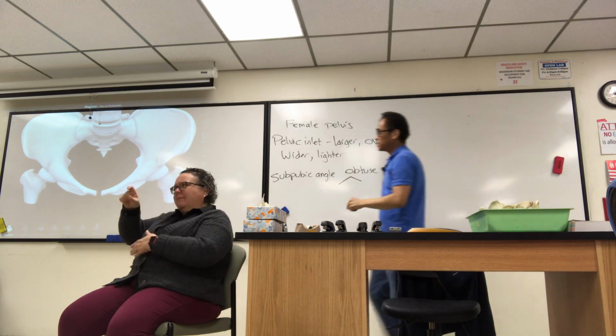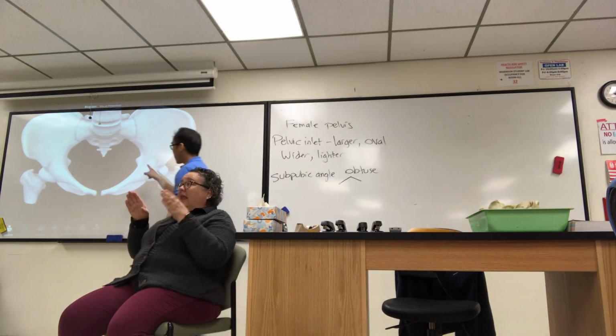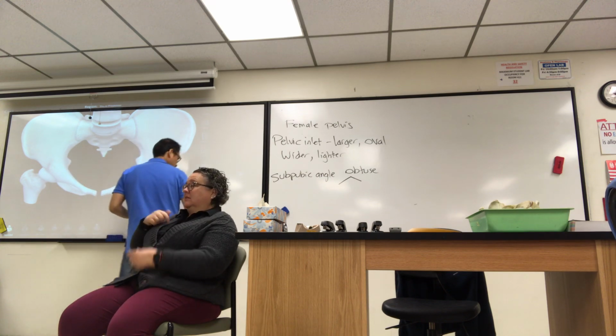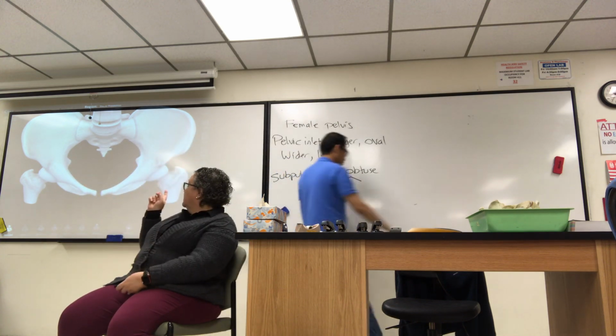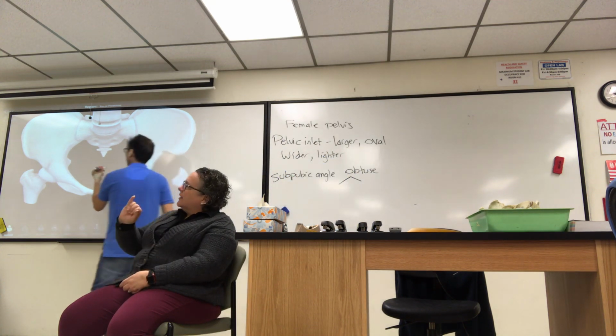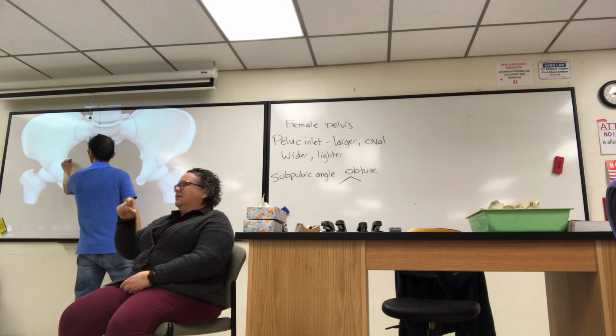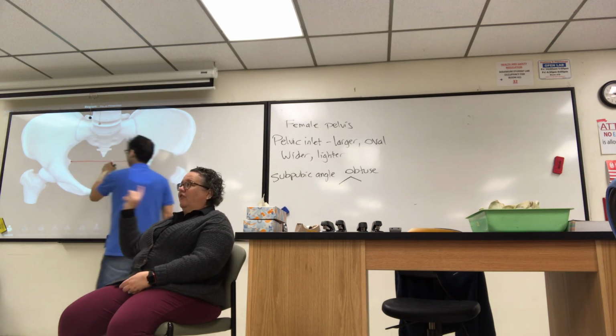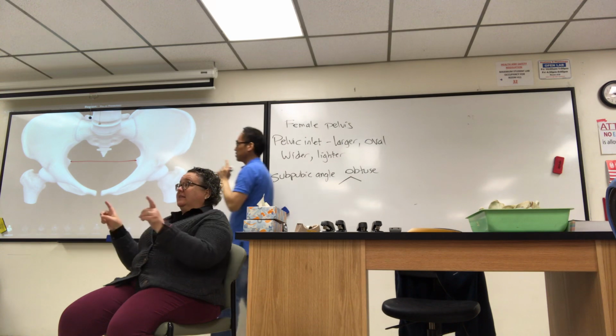The narrowest distance from side to side is from this spine to this spine. Those are called the ischial spines. From there to there, bam. That distance is called the interspinous distance.